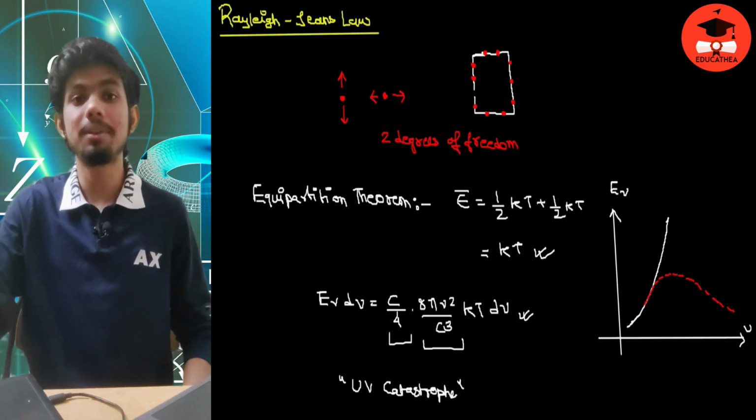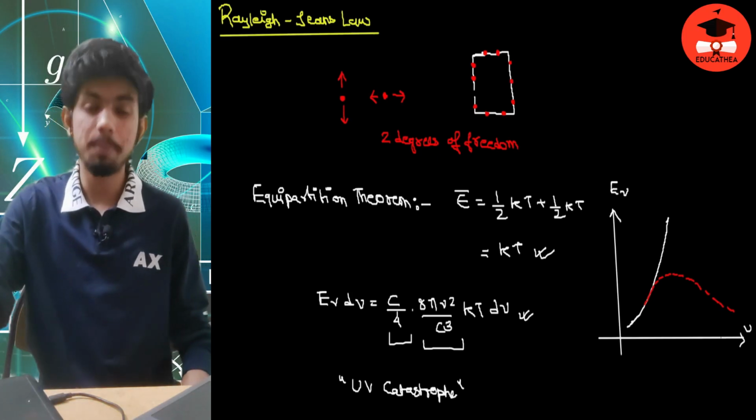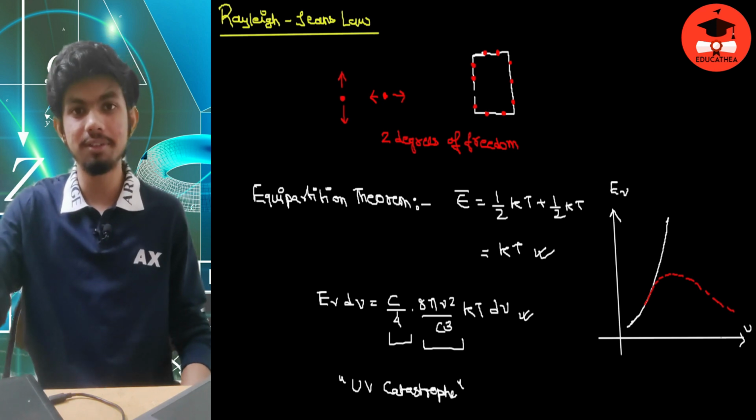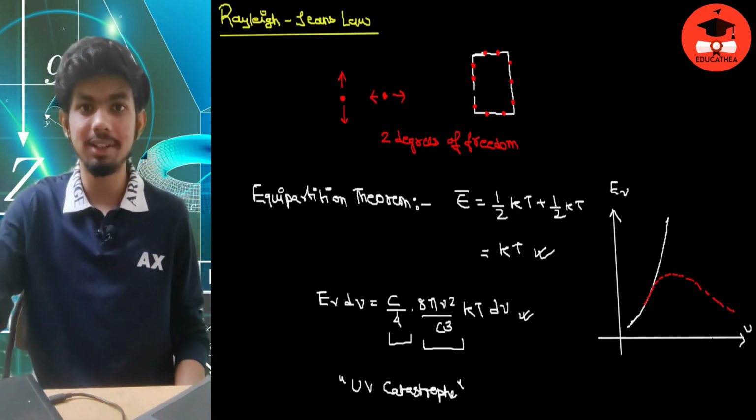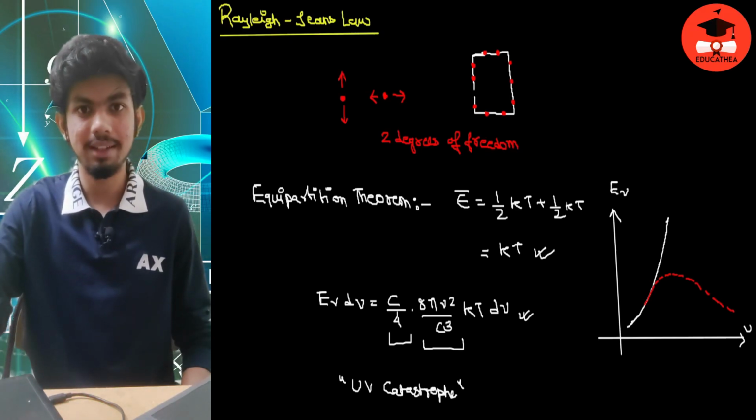So yet again we find a problem with Rayleigh Jeans Law. The previous law, Wien's law, fitted the curve in the higher frequency range, and Rayleigh Jeans Law fitted the curve in the lower frequency range, but none of them fitted the curve in totality.